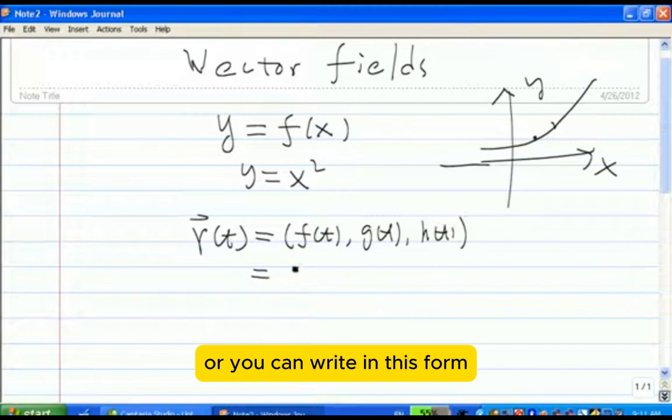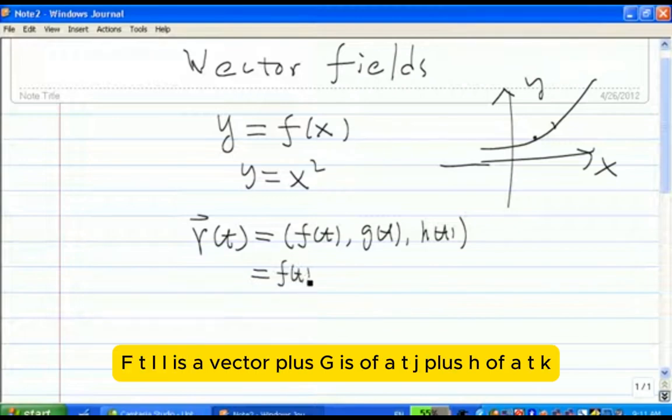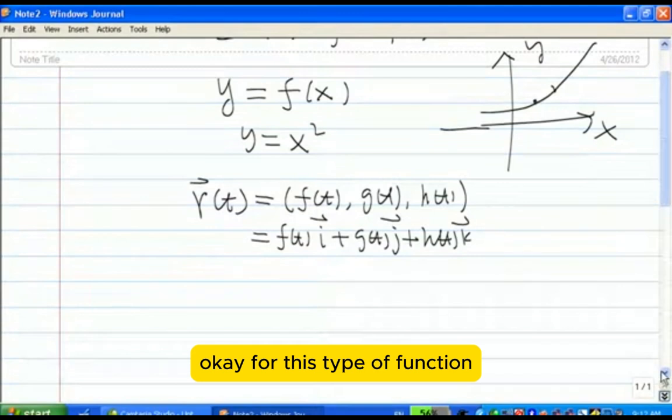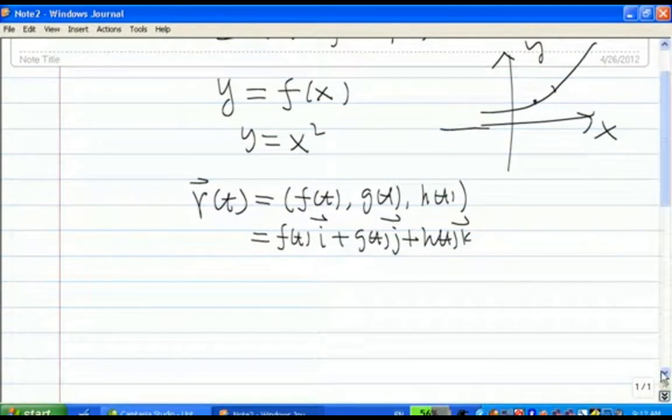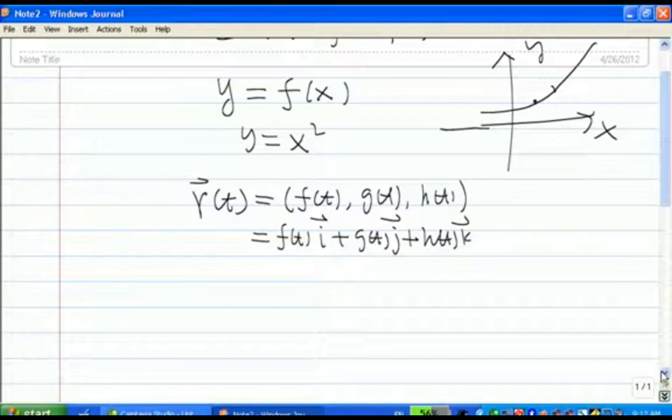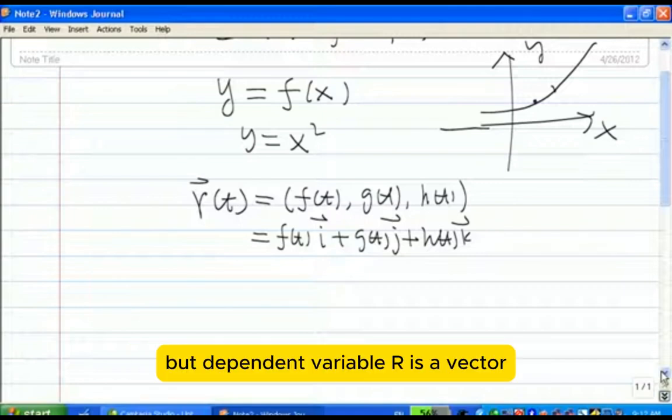Or you can write it in this form: f(t) i, plus g(t) j plus h(t) k. For this type of function, the independent variable is t, which is a scalar, but the dependent variable r is a vector.